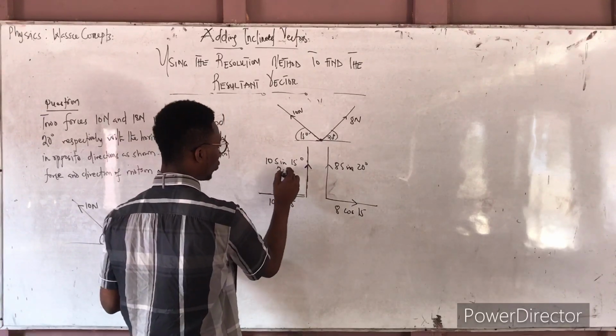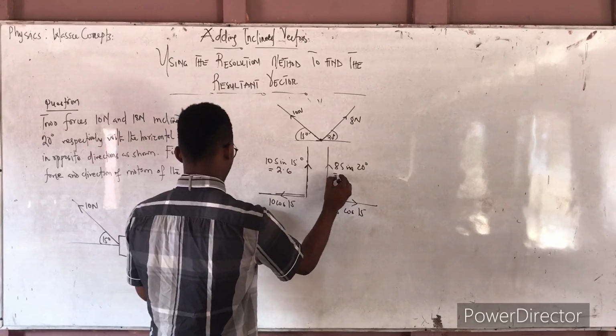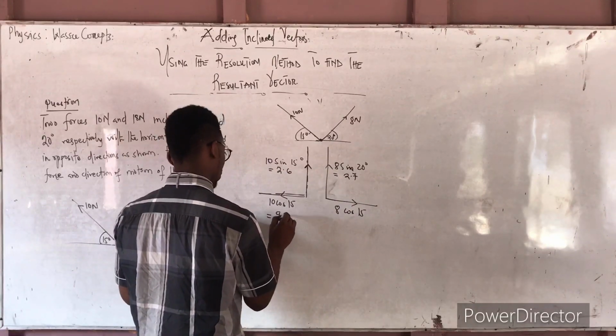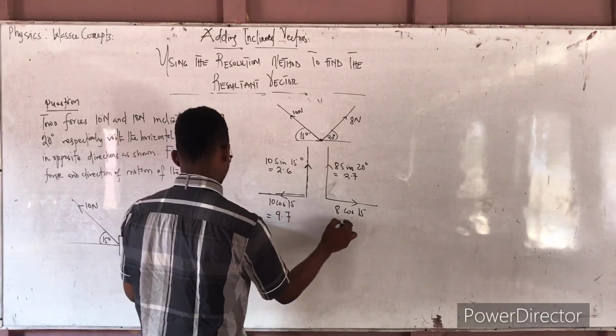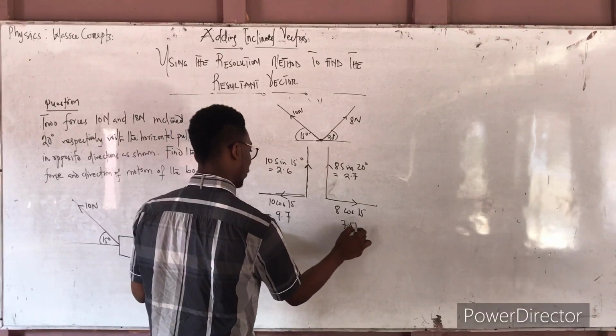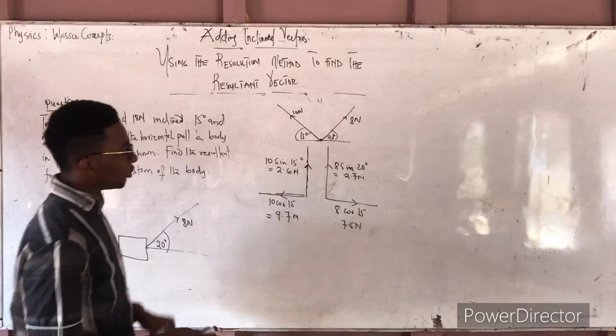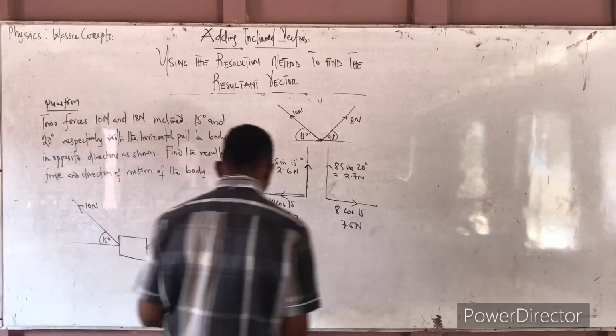When you do this, you get 2.6. If you do this, you get 2.7. If you do this, you get 9.7. And this, you get 7.5 newtons. So now, when you're done resolving this, you have freedom.